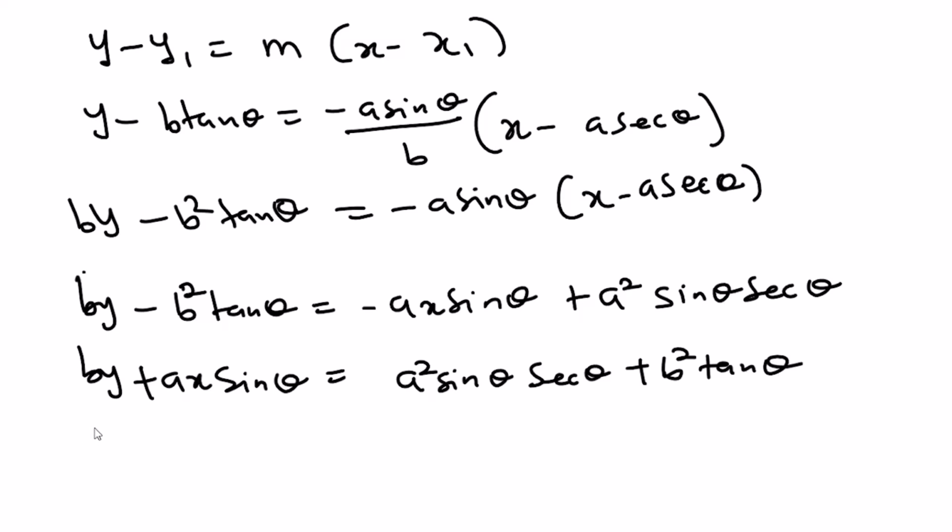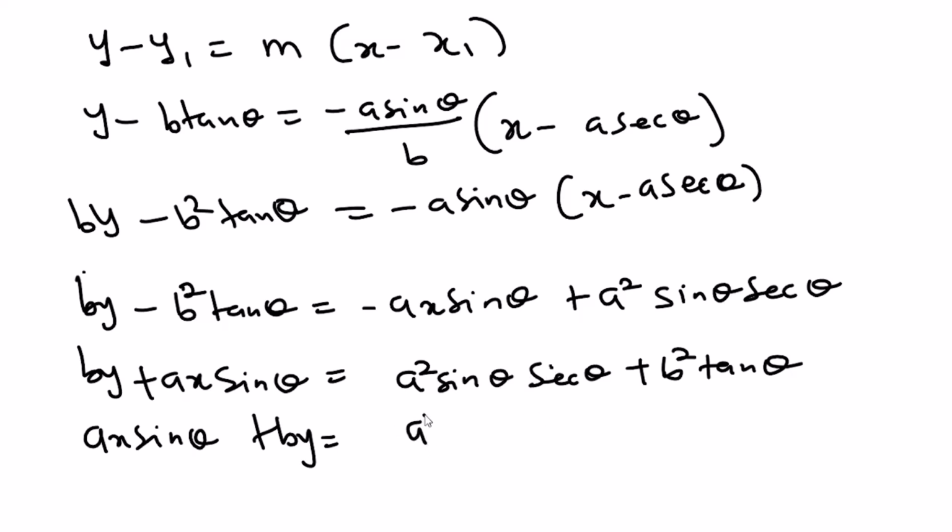So this can be written as ax sine theta plus by, and this will be equal to, okay, we have this one here, which is the same as 1 on cos.